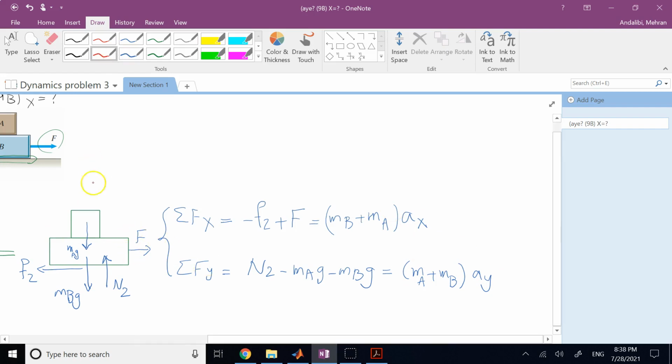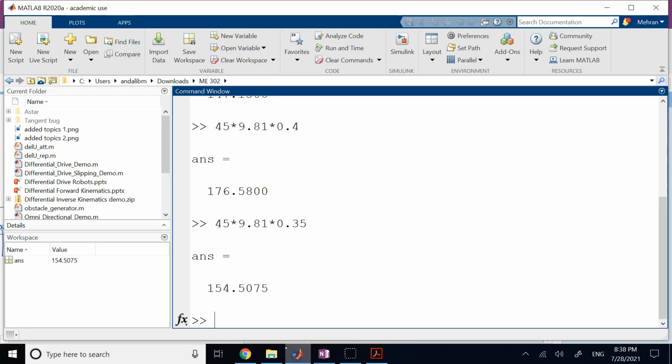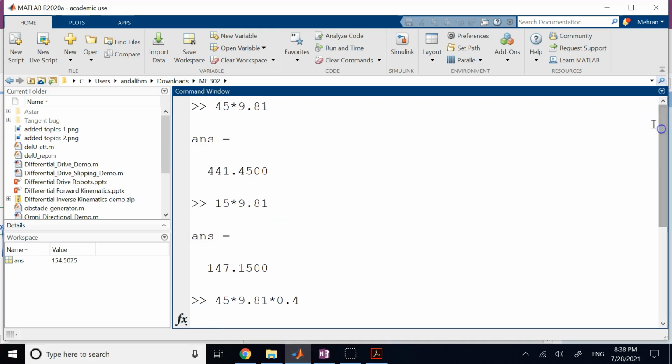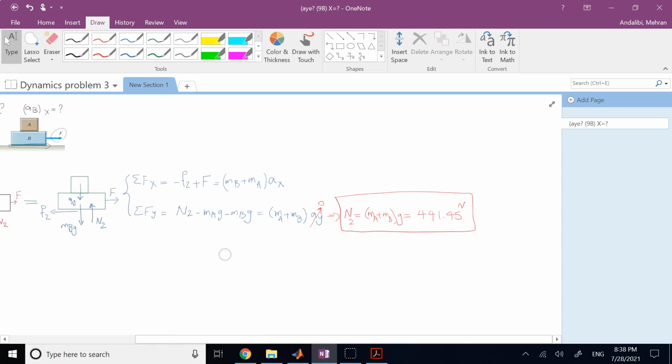Clearly, there is no force in the vertical direction to cause any vertical motion, so AY is going to be 0, and that means your N2 is going to be equal to the total mass times G, which I have calculated already, and the number for it is 441.45 Newton. So this is the normal reaction on the combined system.